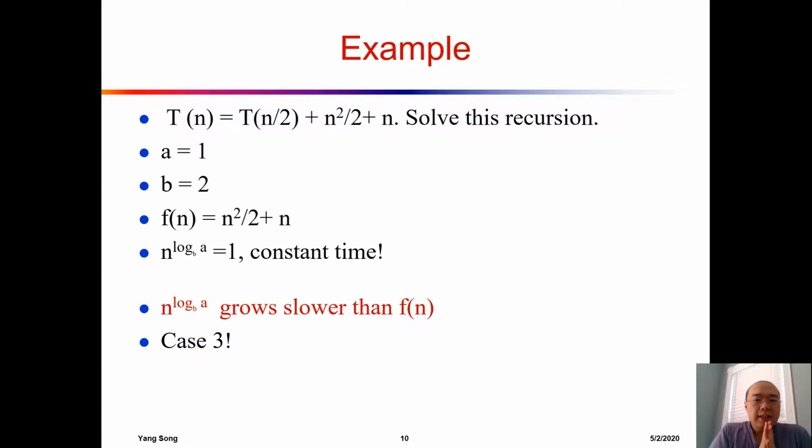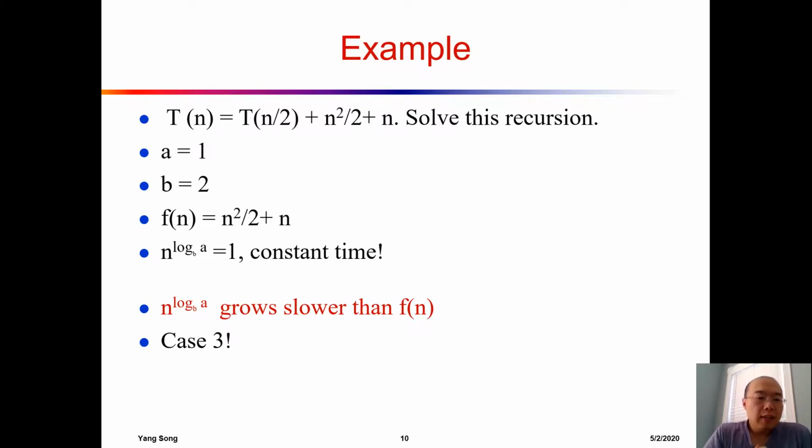Let's see a harder one. Here a is 1, b is 2, and f(n) is n squared divided by 2 plus n. To figure out n to the log_b a, we have n to the log_2 1, and log_2 1 gives you 0, and n to the power 0 gives you 1, so that is constant time.